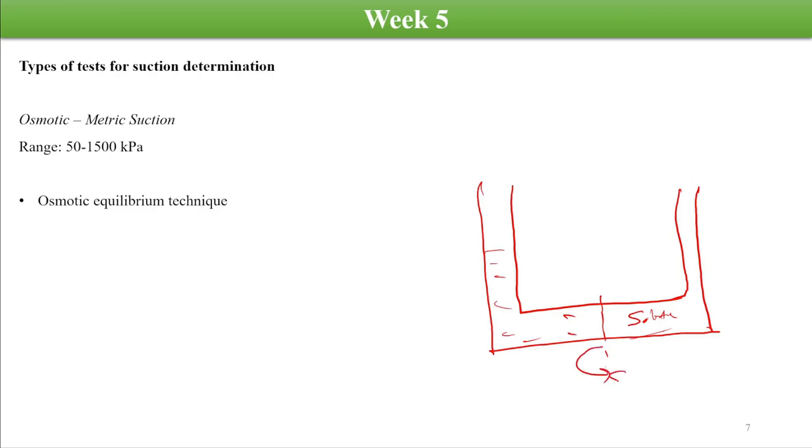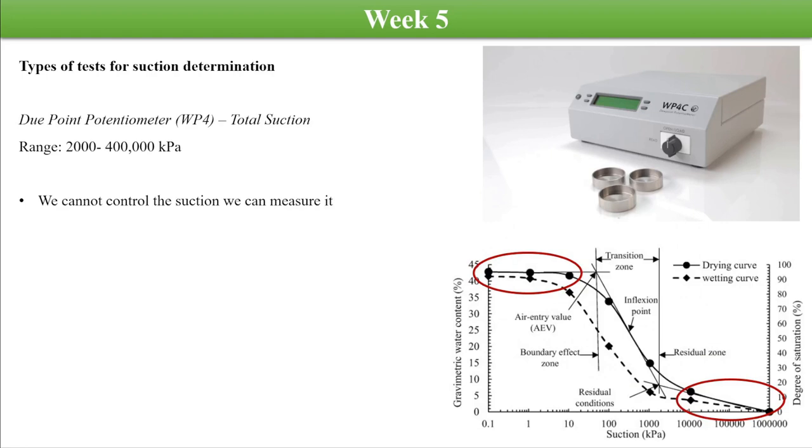A semi-permeable membrane is provided at this point, which either allows the solute to go from the solution to the soil, or doesn't allow it, based on the type of test which is performed. So these techniques can measure to a higher level like 1500 kPa.